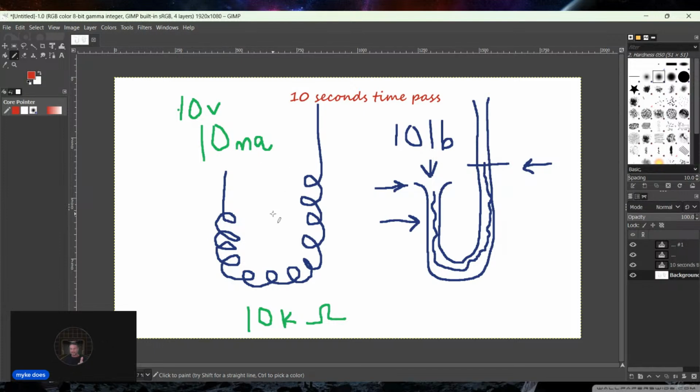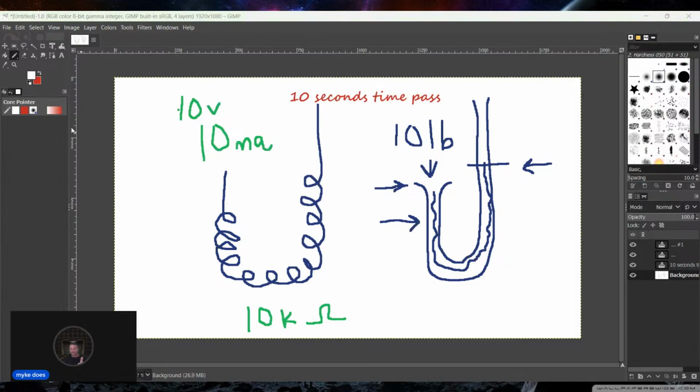So when you have 10 volts on a 10 kilo ohm coil, if you divide 10 divided by 10,000, your current is 1 milliamp. 1 milliamp, okay, can get through this coil.